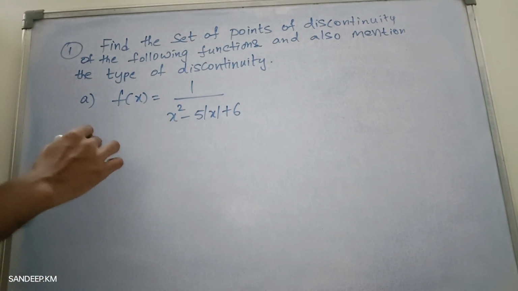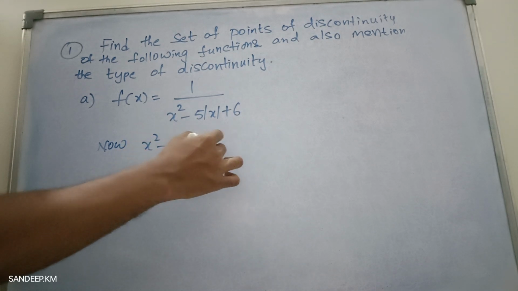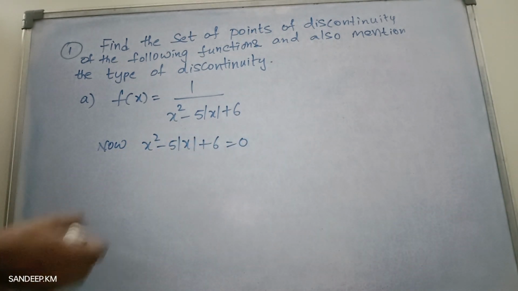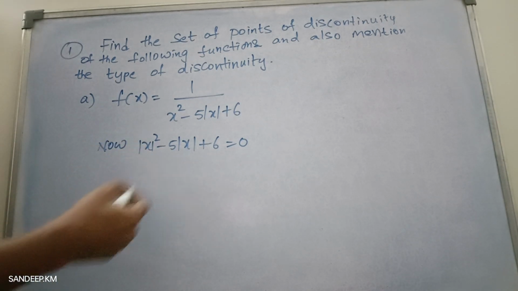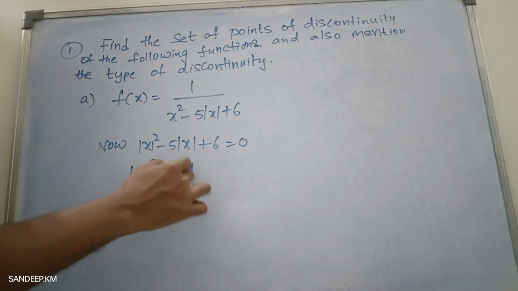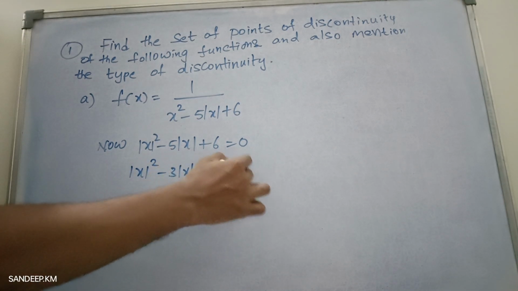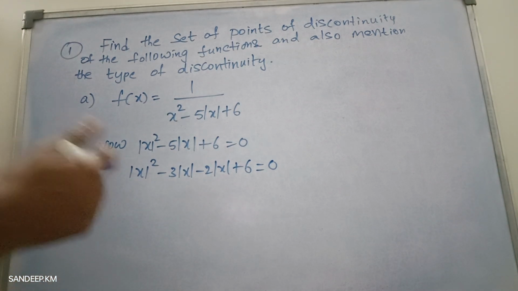So let us now take x square minus 5 mod x plus 6 equal to 0. We all know that x square and mod x square are the same. Now you all know how to factorize this, correct or not? So mod x square minus 3 into mod x minus 2 into mod x plus 6. I am not teaching you how to factorize; I hope you already know it.